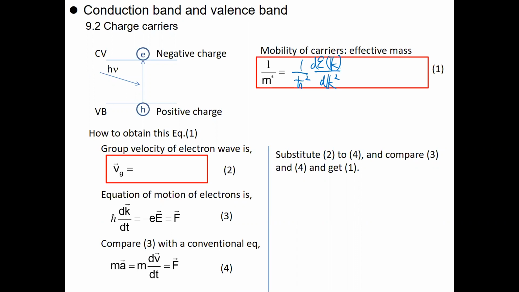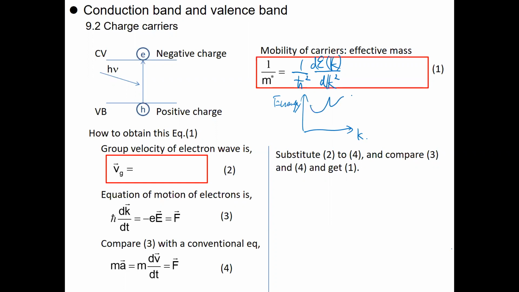So what does it mean? This indicates the second derivative of epsilon with respect to k. What we could obtain from the band structure is basically the energy versus k drawing, however complicated it is.